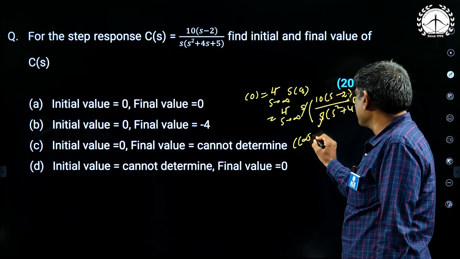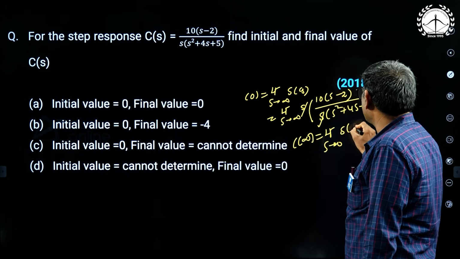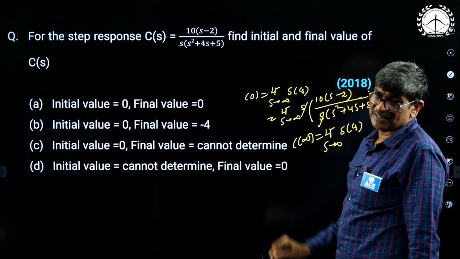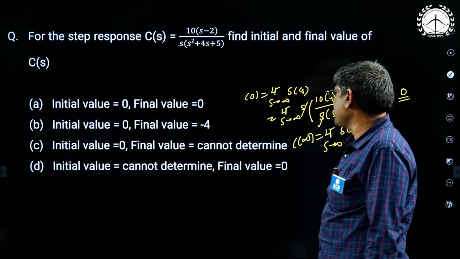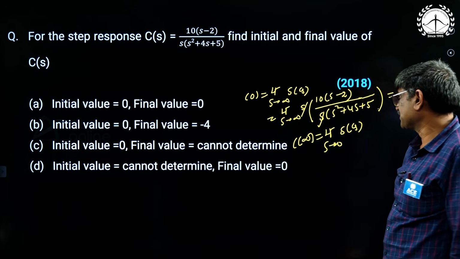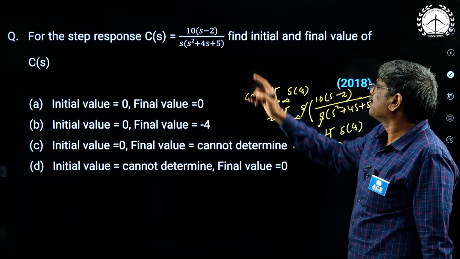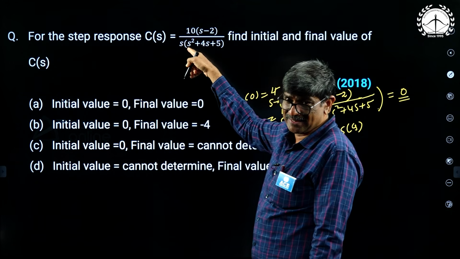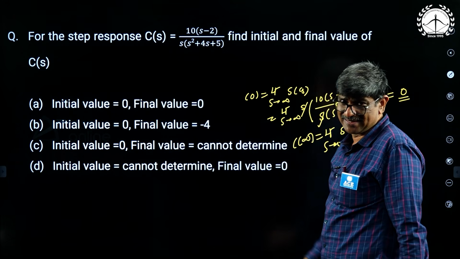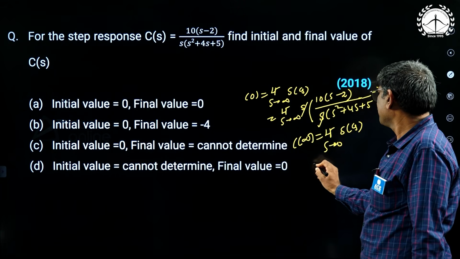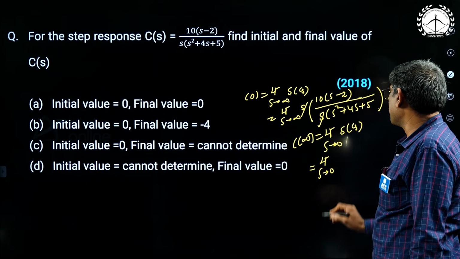Final value C of infinity, limit s tends to 0, s into C of s. But here you have to check the stability of the system, because the final value theorem is valid only for stable systems. One simple pole at origin is allowed. This pole is in the left half, so the system is stable, you can apply the final value theorem.